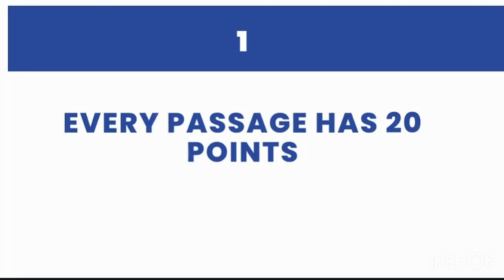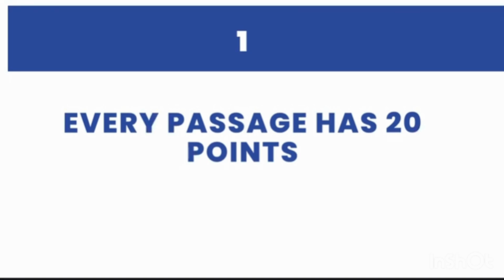We are not beating about the bush. We are going straight to the exam. Every context that will be given in the exam has 20 points. Because summary has 20 marks, just like composition, as I mentioned earlier, for you to get the 20 marks, you have to write 20 points in a paragraph.